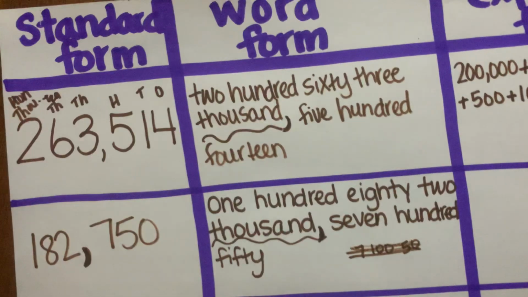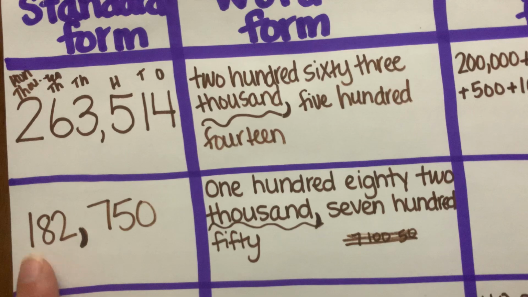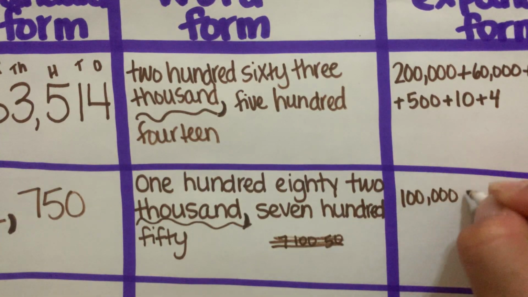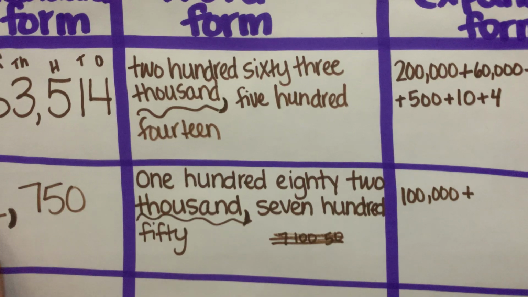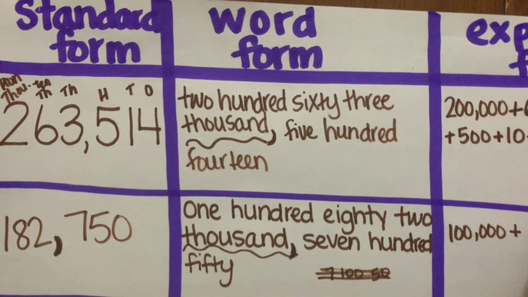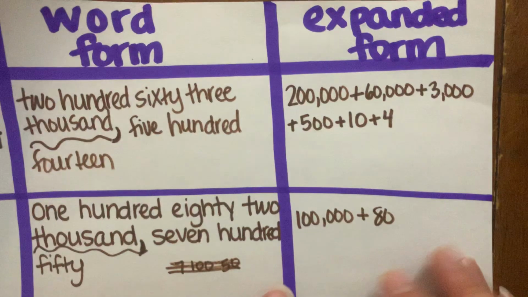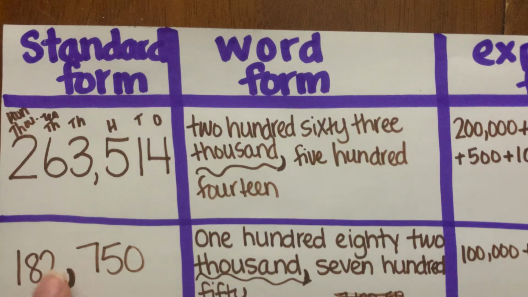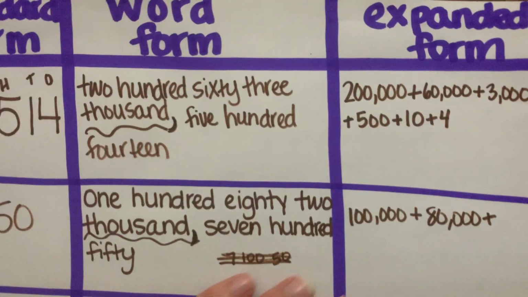So now let me stretch it out. How many 100,000s? 1. 100,000. Plus, I have 8 10,000s, which means 80,000. So I'm going to add that. Plus, I have a 2 in my thousands.